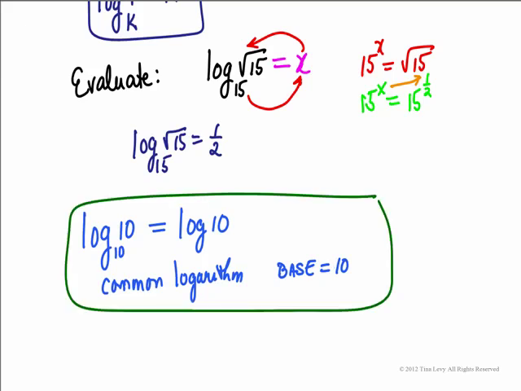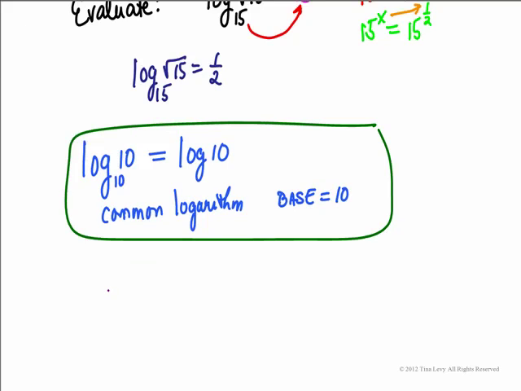Another logarithm that we're going to have a notation for is if I say log base e of a number. e is the natural exponential. e is a number, 2.7 and so on, and it goes on and on. But e is the natural exponential number.